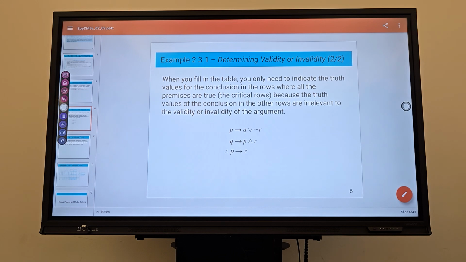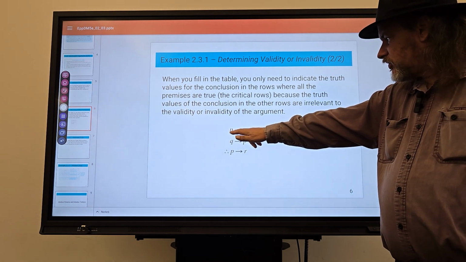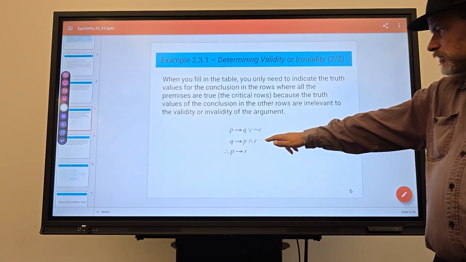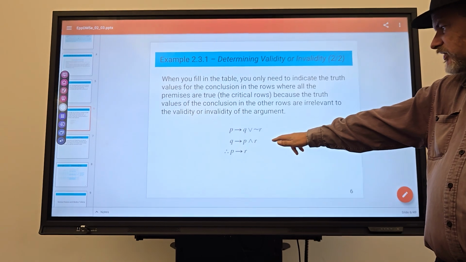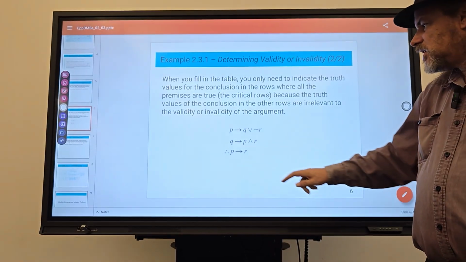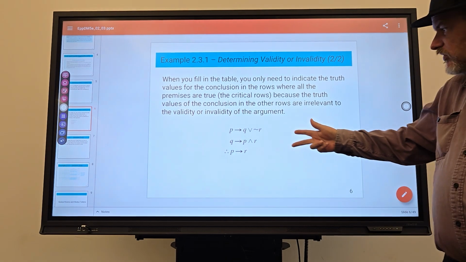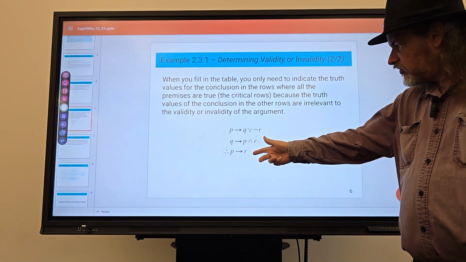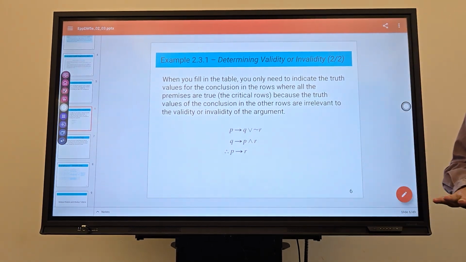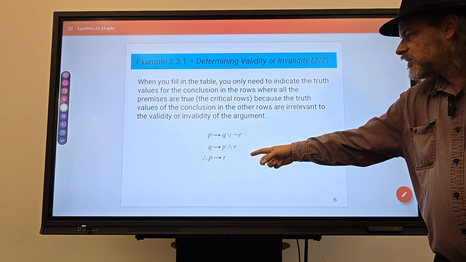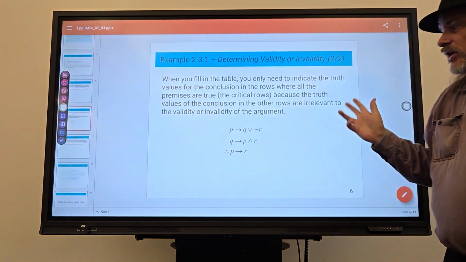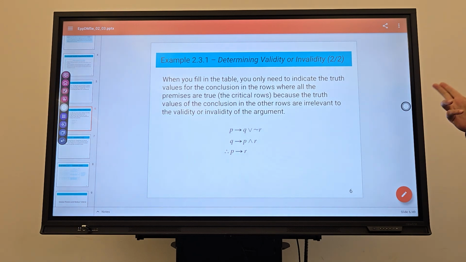So, determine the truth values for this one, this one, and this one. If both of these are true, and this is true for all conditions where these are true, then the argument is valid. Okay?